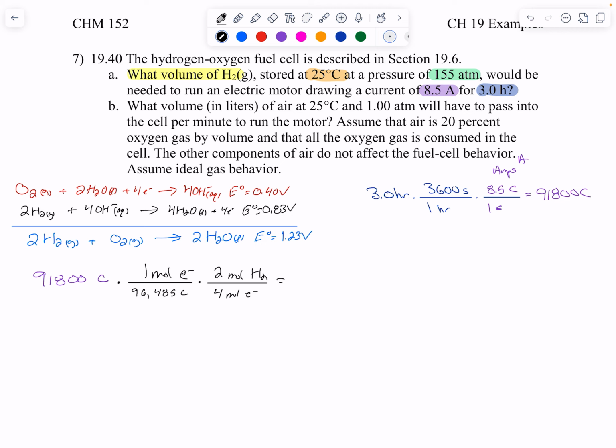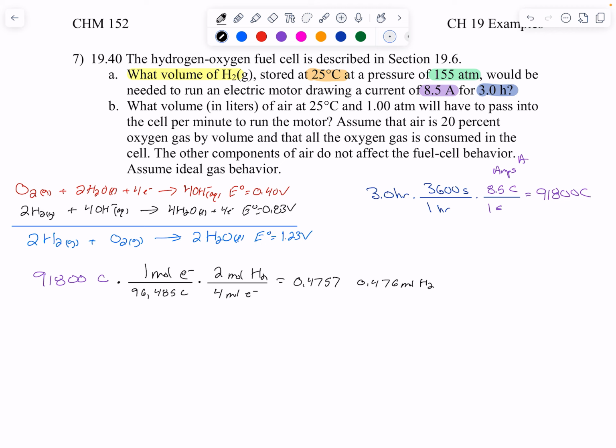I'm getting 0.4757, which is too many sig figs, so we have 0.476 moles of H2. That's the moles, but now we need the volume.